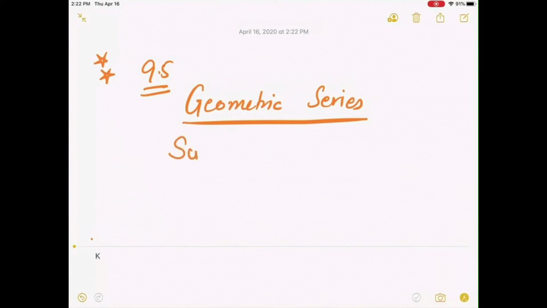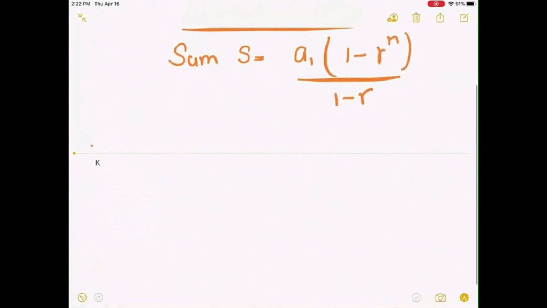The sum equation is S equals A1 times parentheses 1 minus r to the power n, over 1 minus r. All right, so basically what you need is the first term, A1.